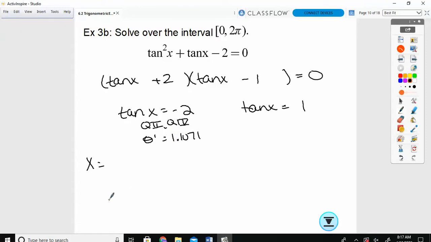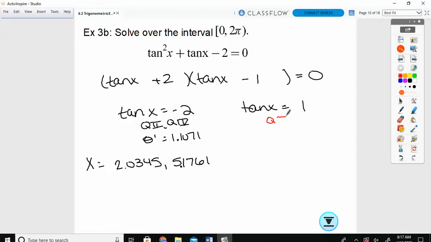Then how do we put that in quadrant 2? Except pi minus, so that would be 2.0345. In quadrant 4, we do 2 pi minus. So that gives you 5.1761. Okay, over here, tangent is equal to +1.